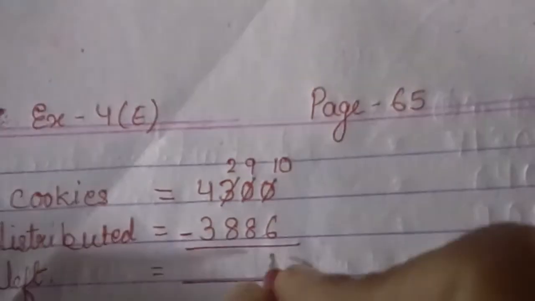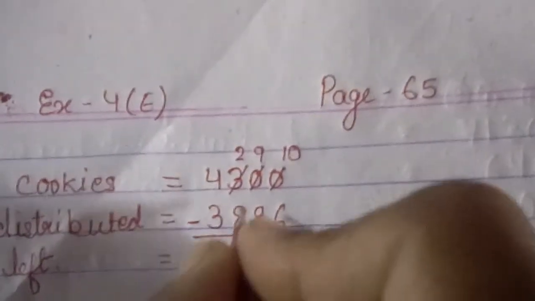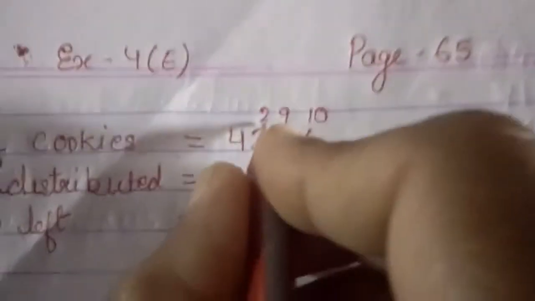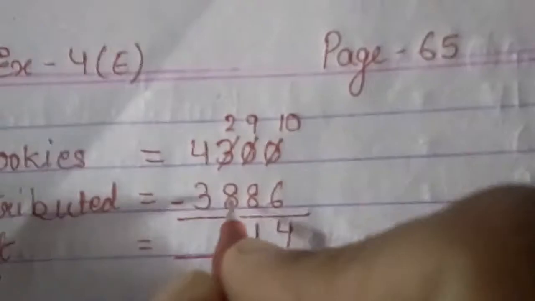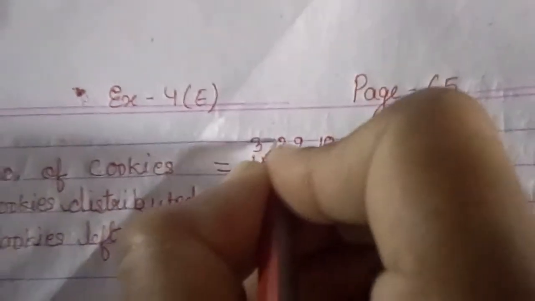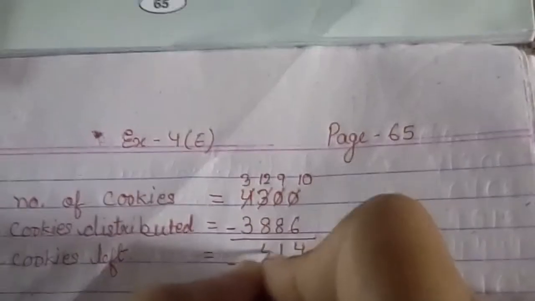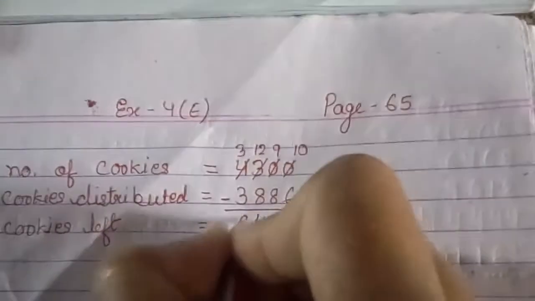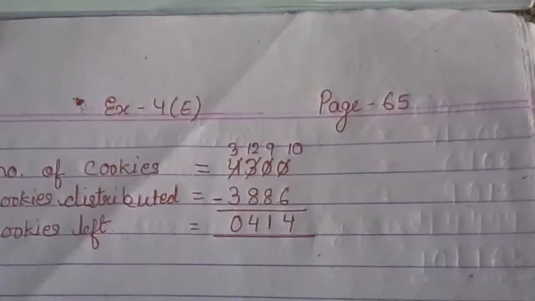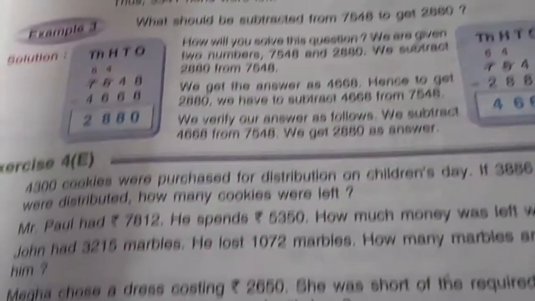So 10 minus 6, 4, 9 minus 8, 1, 2. We can see here 2 is smaller than 8. So again it will borrow from the next number and it will become 12. So 12 minus 8 is 4. 3 minus 3, 0. So like this, question number 1 we have to solve in our copy.